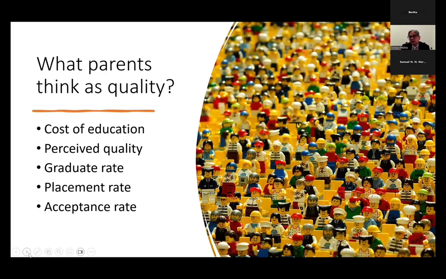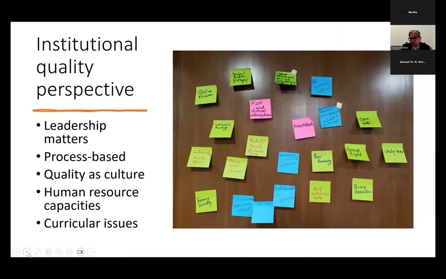Parents are concerned about the cost of education, and their perception of quality is very important. They normally look at the graduation rate, whether placements are happening or not, and what the acceptance rate for admission is in that particular university. So those are the issues parents are looking at. Institutions also need to look at these things from their own perspective, and particularly from the institutional perspective of quality, the leadership matters.